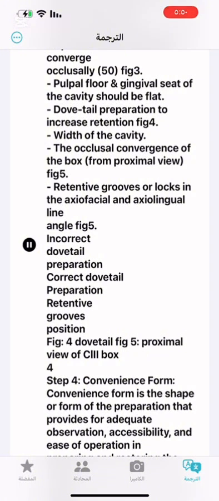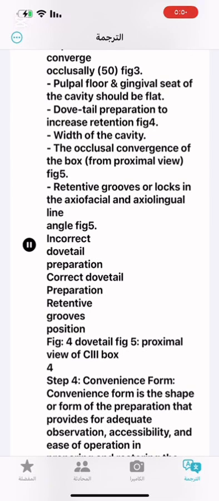The long axis of the bur and the long axis of the tooth crown should remain parallel during cutting procedures. The bur should be rotating when applied to the tooth and should not stop rotating until removed.